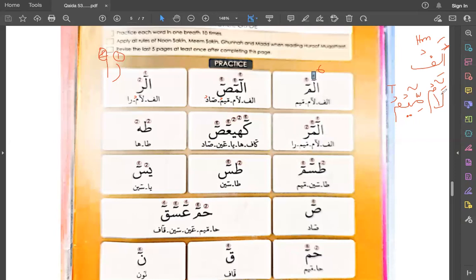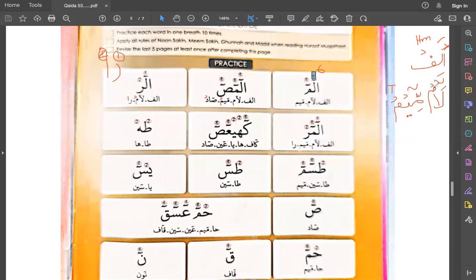Do you know why we are making it 6 counts long? Because this is madd lazim sukun. We are actually pronouncing each letter separately, but we are applying the rules in between too. So alif, lam, mim, ra. Alif will stay alif, lam 6 counts long.